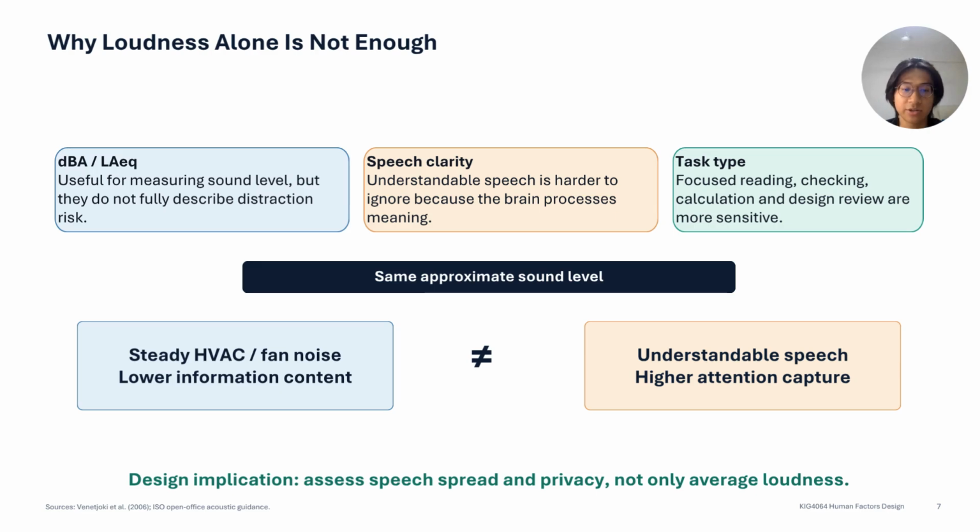Understandable speech contains meaning, so the brain may automatically process it even when the worker is trying to concentrate. Task type also matters: reading, calculation, proofreading, and detailed design work are generally more sensitive to interruptions. Therefore, office assessment should consider speech clarity, privacy, and task requirements, not just average sound level.